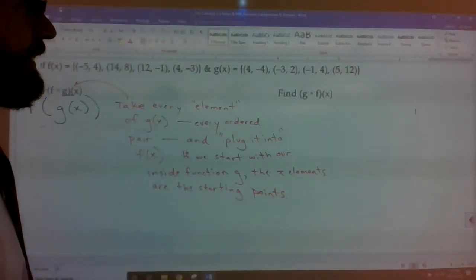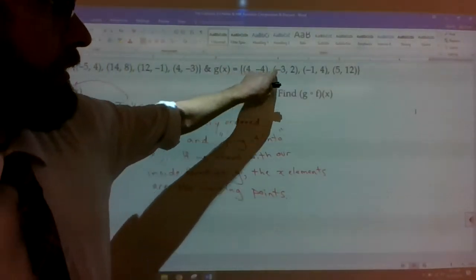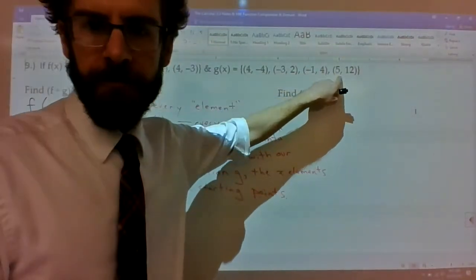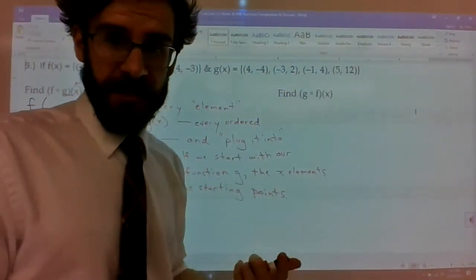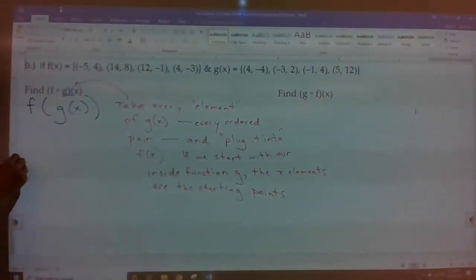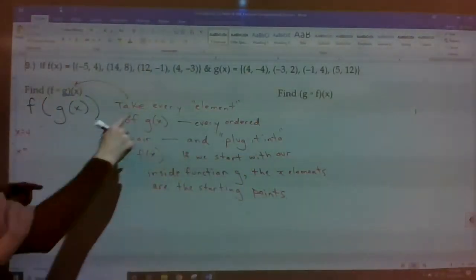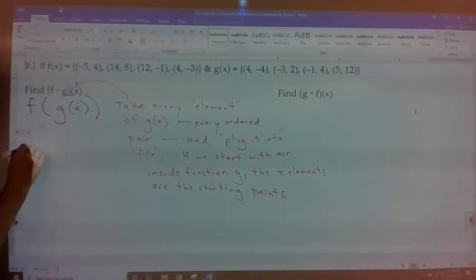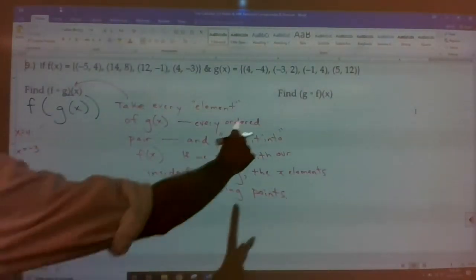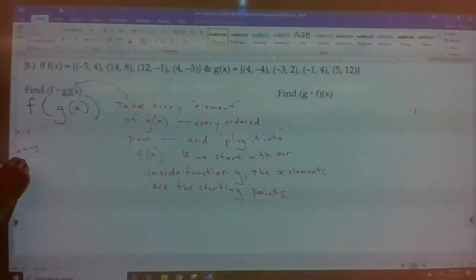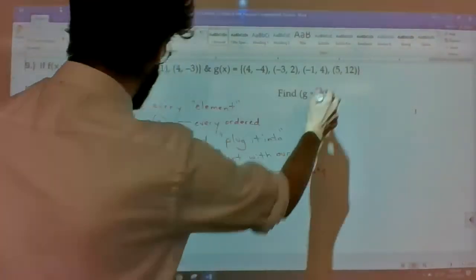So what are the x elements of g? 4, -3, -1, 5. So this process starts with what's going on with x equals 4? What's going on with x equals -3? What's going on with x equals -1? And what's going on with x equals 5?